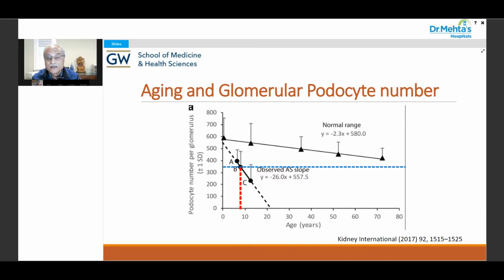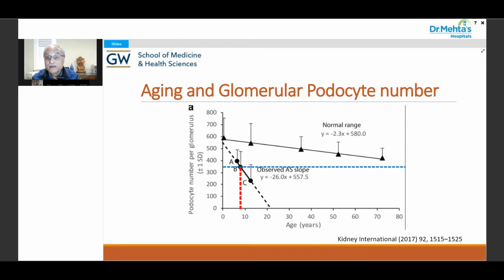Again, this particular study was with Alport syndrome patients, where the decline in the podocyte numbers was translated into what the slope might look like. And quite honestly, the number of podocytes at the time of birth in these patients was quite similar to 580 in this particular study.